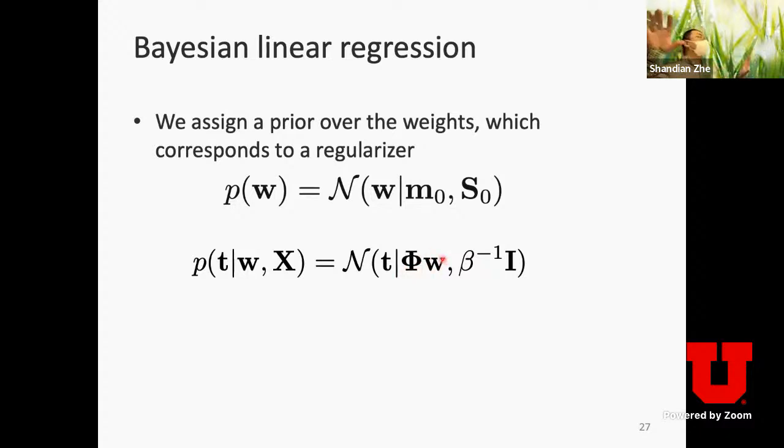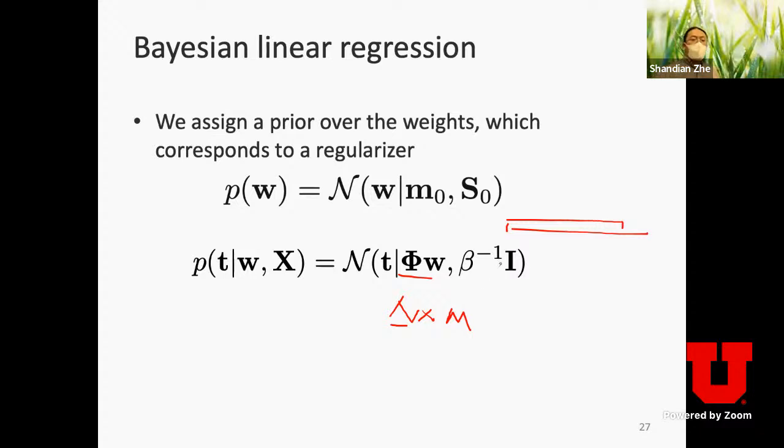Remember, phi is an n by m matrix, where n corresponds to the number of examples. Each row corresponds to one example, and consists of all the mapped features or nonlinear bases for that particular example.